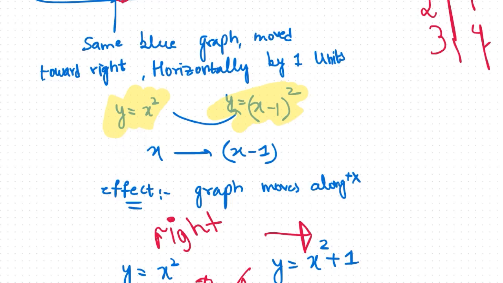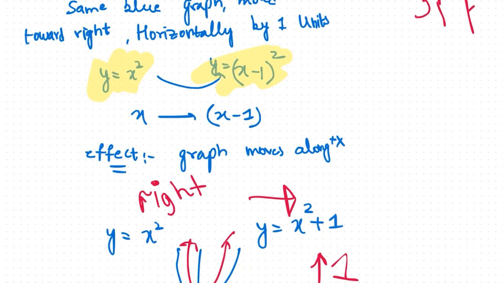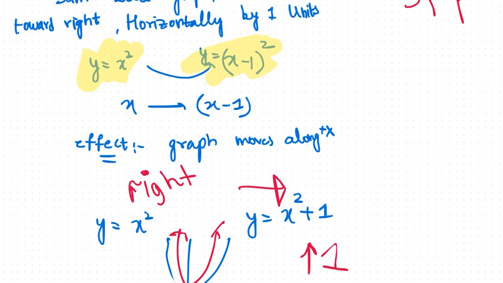See, if x has been subtracted with 1, usually it will feel like it has gone left by 1 unit. But that's not the case, right? It has moved right by 1 unit. So x is a bit counterintuitive. Y is a bit straightforward. For x, you can remember it like this. Synonyms, antonyms, you write, right? Opposite meanings. So x is opposite.